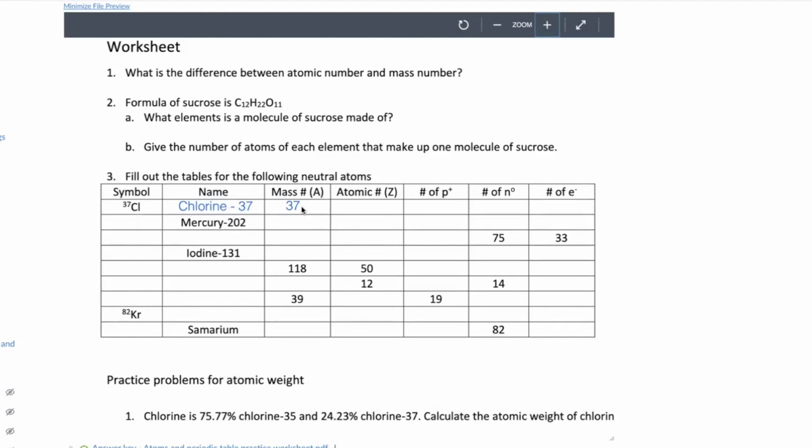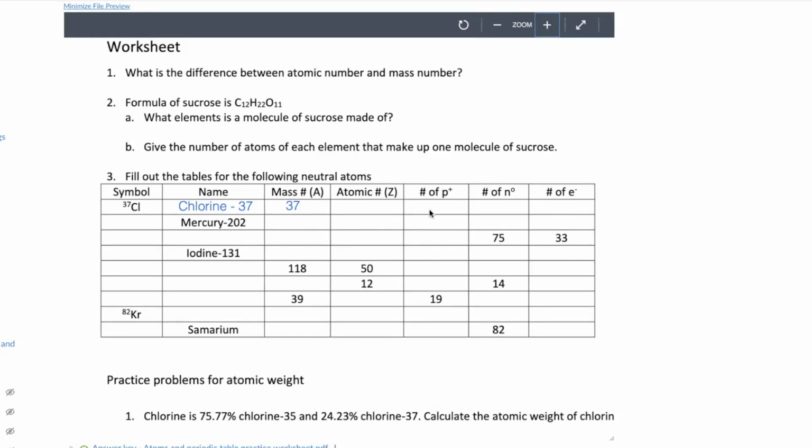So that is how we will write. You know that the proton number is unique for atoms of each element. So if we know the proton number for chlorine, then we can complete the rest.